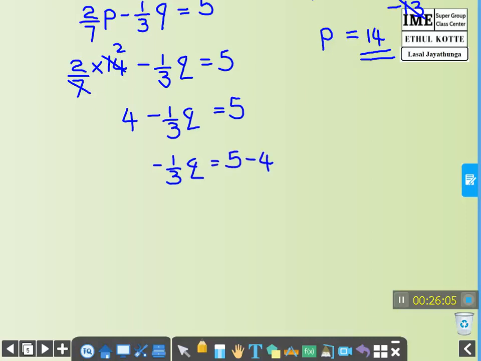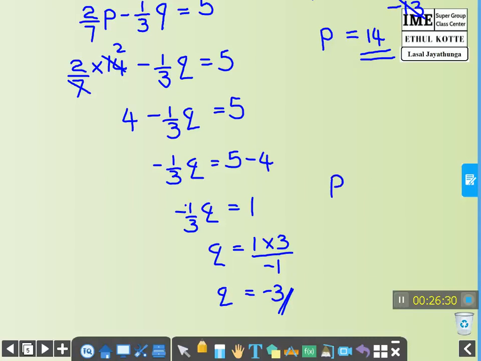First take 4 to the other side, then minus 1/3 q equals 5 minus 4. Then 1/3 q equals 1, so q equals 1 into 3 divided by minus 1.